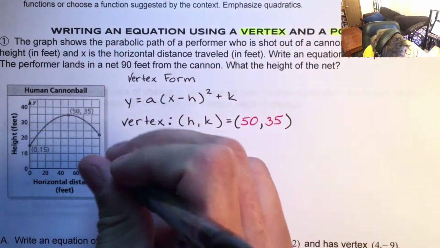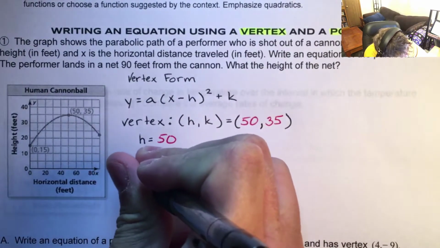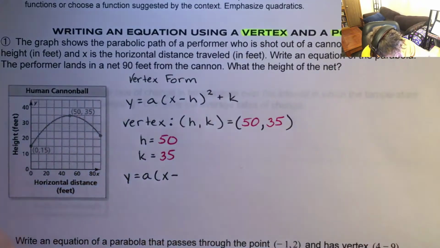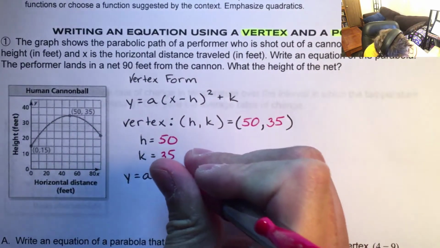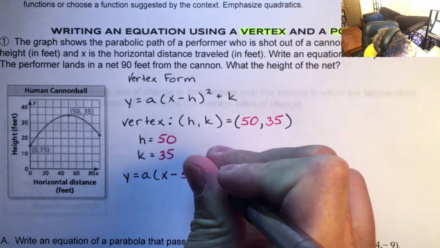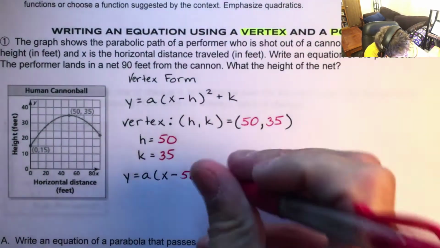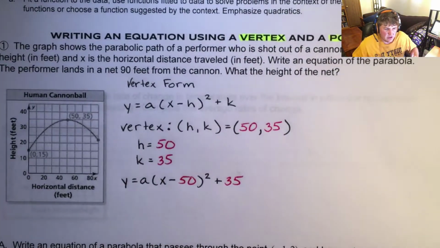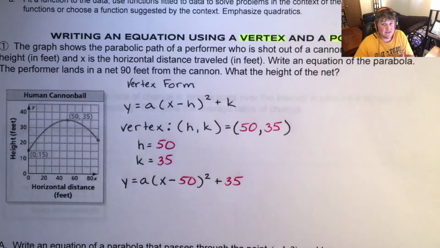Okay, so now I know that my equation is y is equal to a times x minus 50 squared plus 35. So all I did was replace h and k. And so these particular problems are really nice if you know those forms.